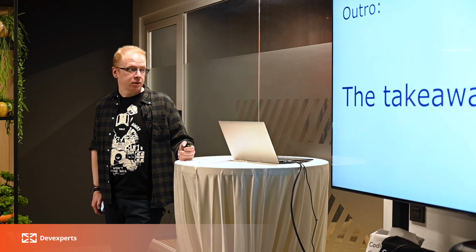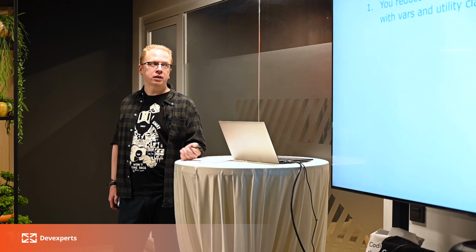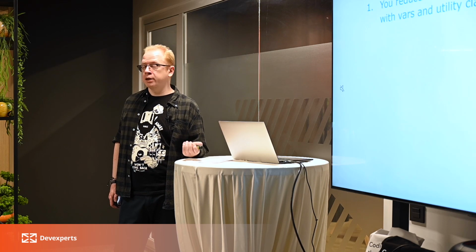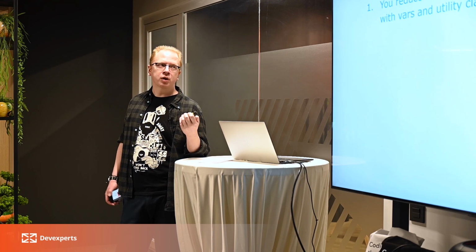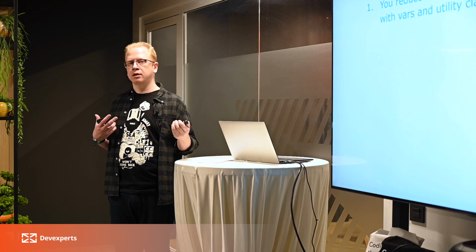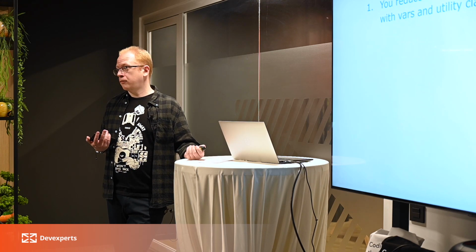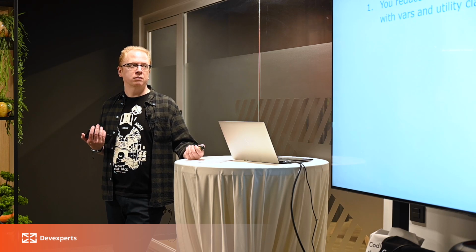Okay, so the takeaways from all this are that you could reduce your CSS code by using variables and utility classes, keeping your system more DRY and initially more utility-oriented.